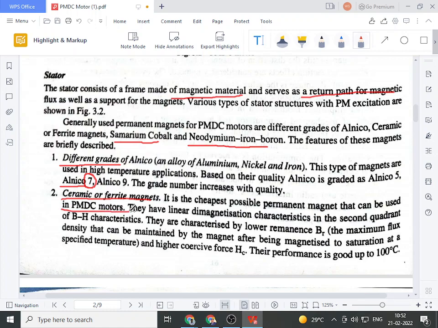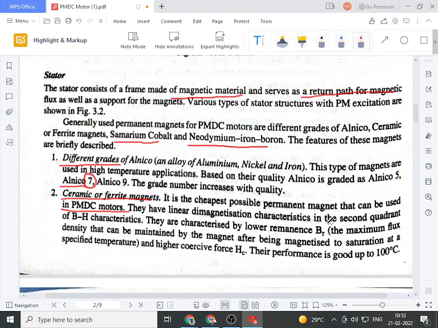So whenever the cost factor arises in the PMDC motor, we generally replace the other magnets with ceramic magnets, because this magnet has a lower cost. So a PMDC motor made up of ceramic or ferrite magnets is generally a low cost motor. These magnets have linear demagnetization characteristics in the second quadrant.